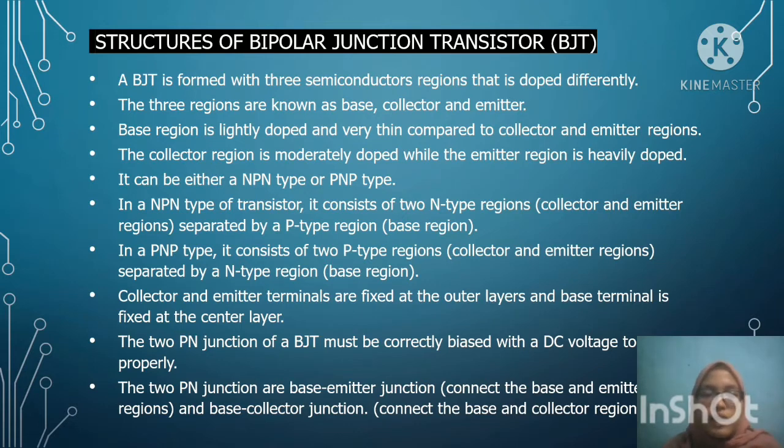The two PN junctions of a BJT must be correctly biased with a DC voltage to operate properly. The two PN junctions are the base emitter junction, connecting the base and emitter regions, and the base collector junction, connecting the base and the collector regions.